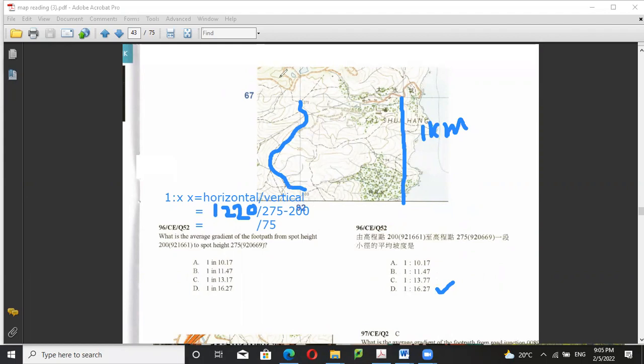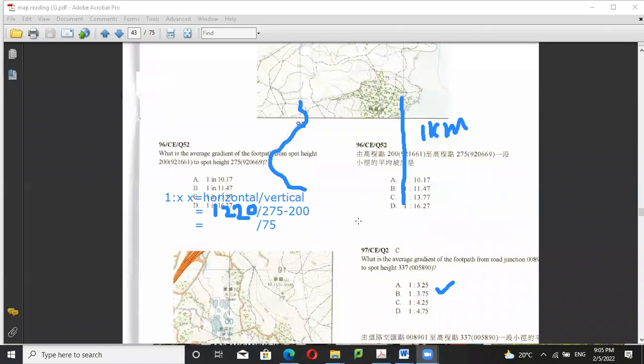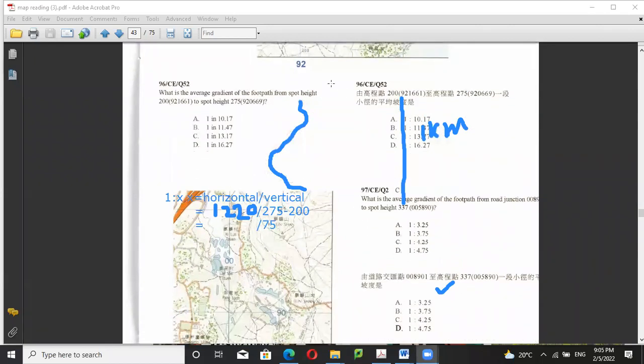Bear in mind this kind of calculation. And then let's move on to here. Let me erase something out. Red thread.